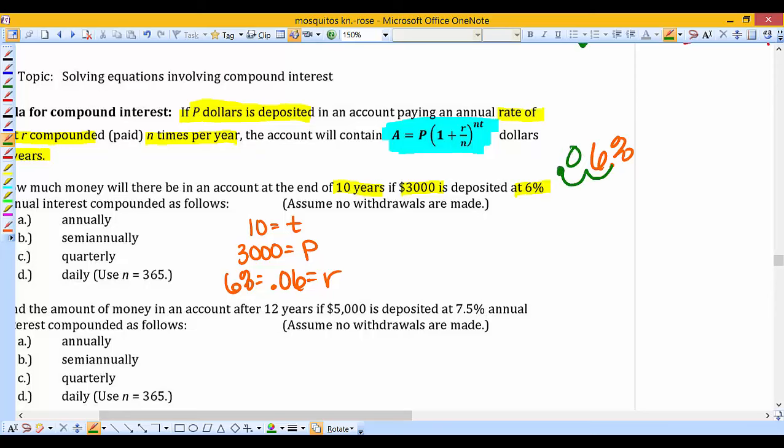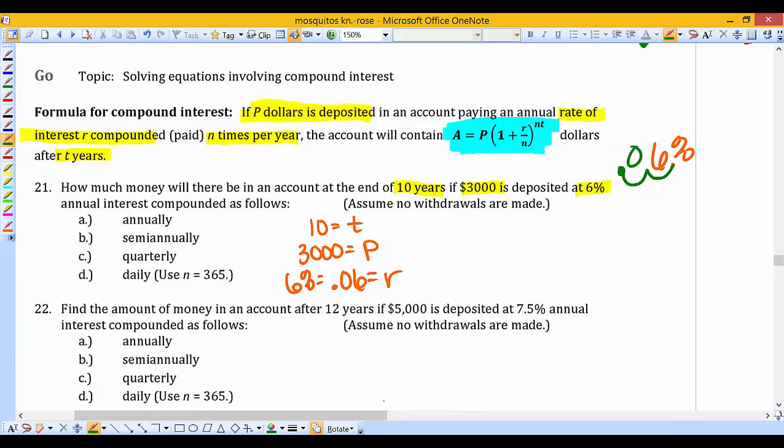So that's where I get the 0.06 from, in case some of you guys forgot that. Now, all I have to do is identify N. So before I go through and start using that formula, I need to figure out what N is for each of these. So for annually is 1 time a year, so N is 1.